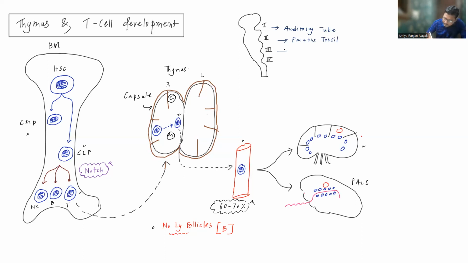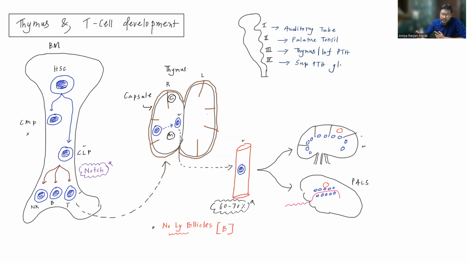The third pharyngeal pouch will give rise to the thymus and the inferior parathyroid gland. And the fourth pharyngeal pouch will give rise to the superior parathyroid gland. You must have studied these structures derived from various pharyngeal pouches in embryology.